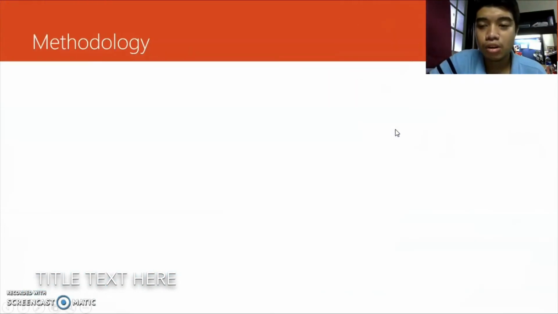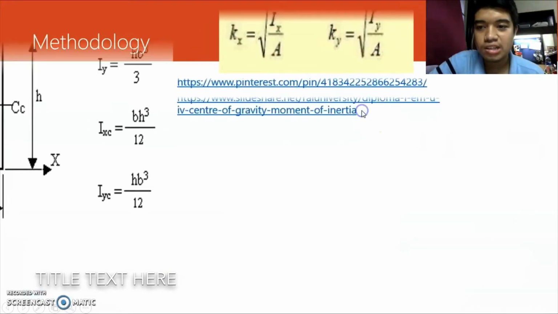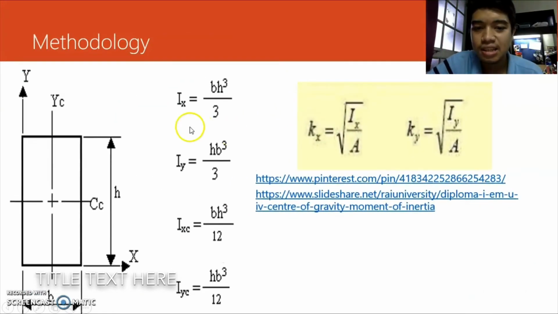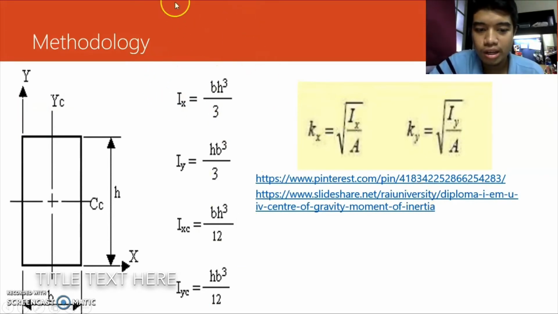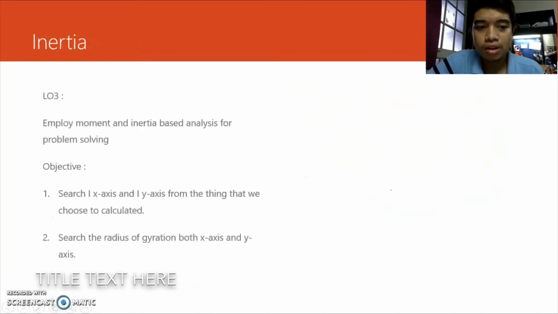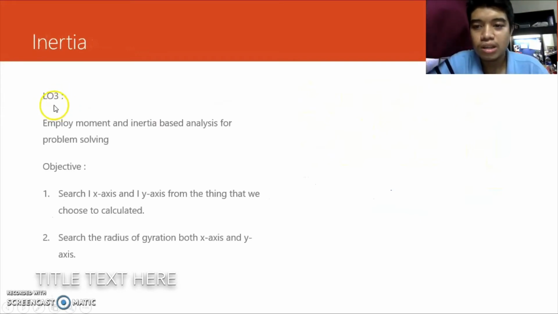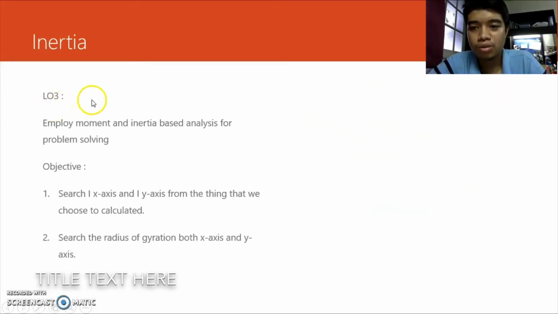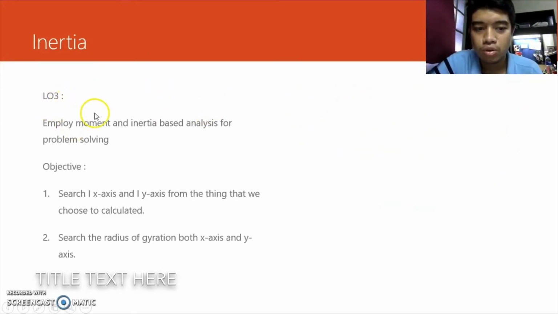Then the methodology that I use to calculate the inertia with respect to the axis is these 6 formulas. This is to calculate the inertia. This is to calculate the radius of gyration. Then the LO3. What is the learning outcome 3 that I want to explain to you?